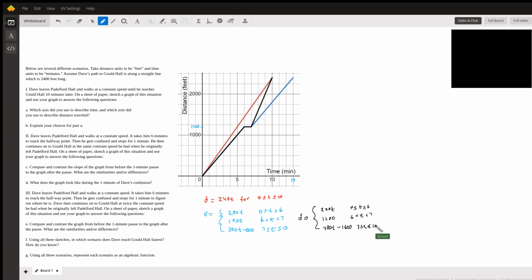You can see the black line ends when t is 10. And so whether he walks continuously at a rate of 240 or whether he stops and rests for a minute and then picks up his speed here, the red and the black are going to get him to his destination at the same time.